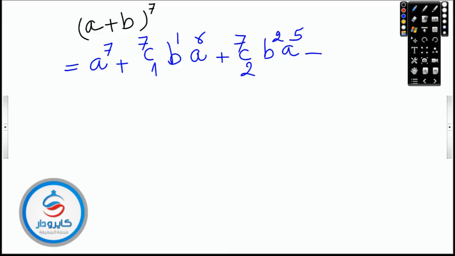Again, next one 7c3, second power till first power difference.